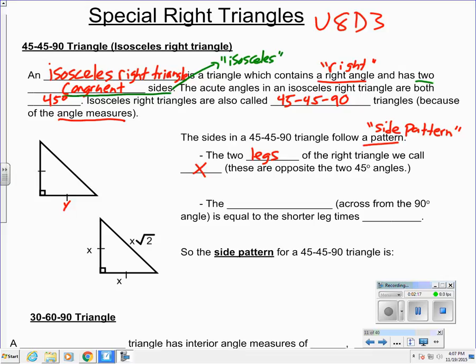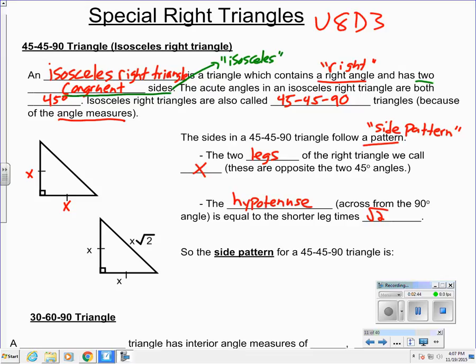So if this is x, the other side has to be the same, also x. The hypotenuse, which is the longest side, is across from the 90-degree angle. That's equal to the leg times the square root of 2.